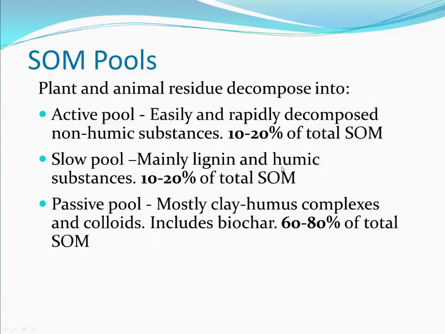This is the lignin and the humic substances. And then the passive pool is humus that's attached to clay, humus that's coated by clay and oxides, or trapped inside of aggregates. And that entrapment inside of water stable aggregates is one of the best ways we have to increase the carbon content of our soils.